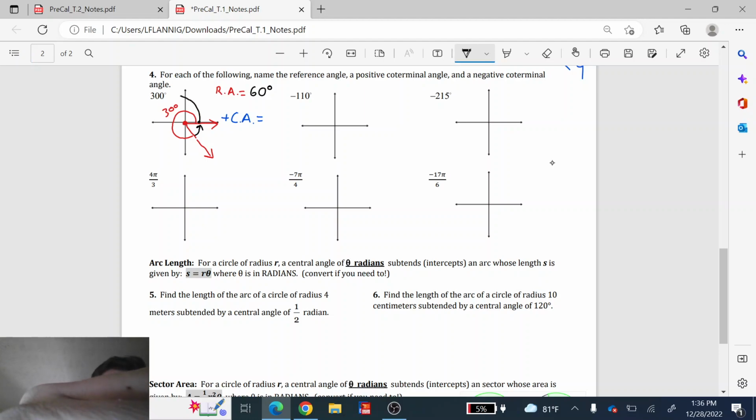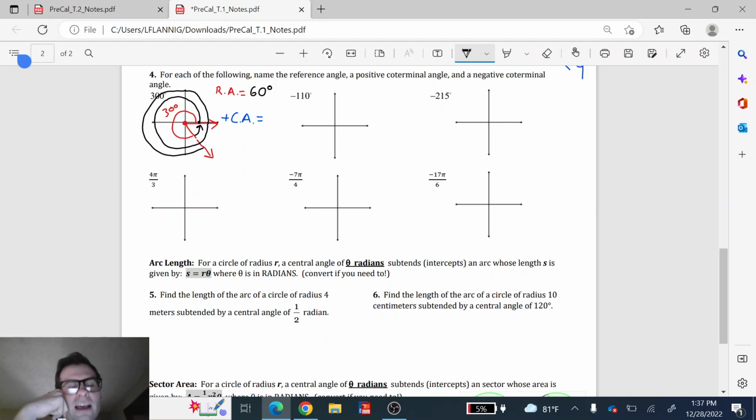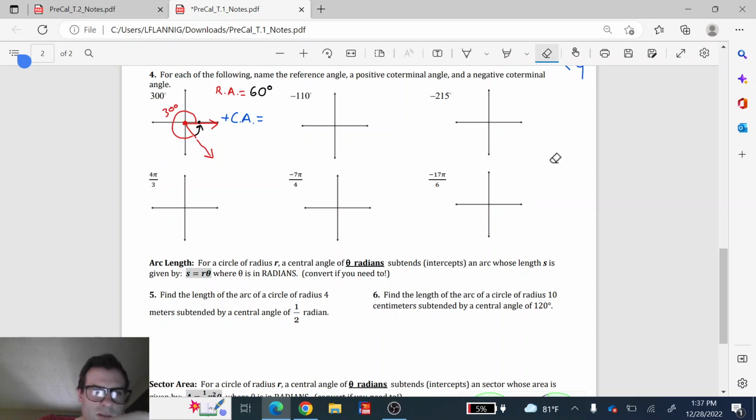We're going to go all the way around, and then again, we're going to go until we hit this line right here. I know that's weird, so I'm going to do it one more time. We start from the standard point, we go until we hit the line, and then we go one more time all the way around.